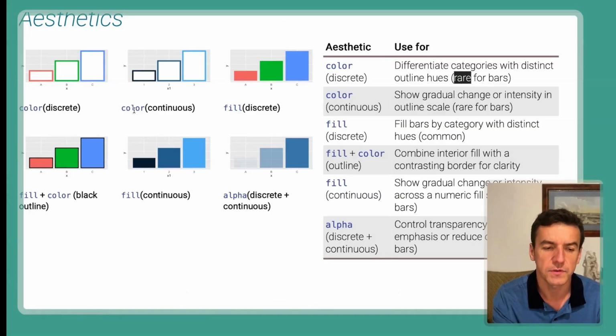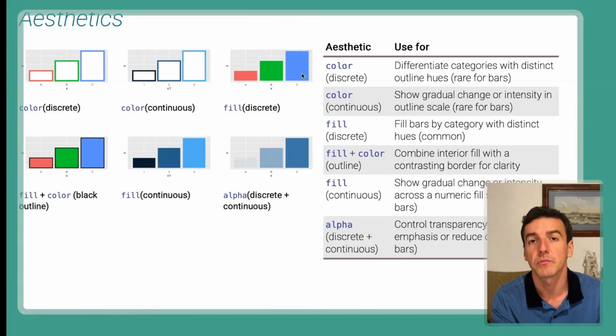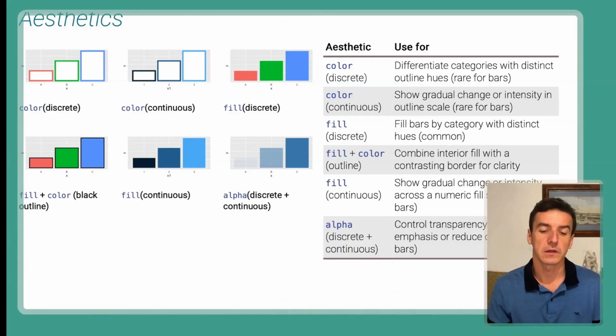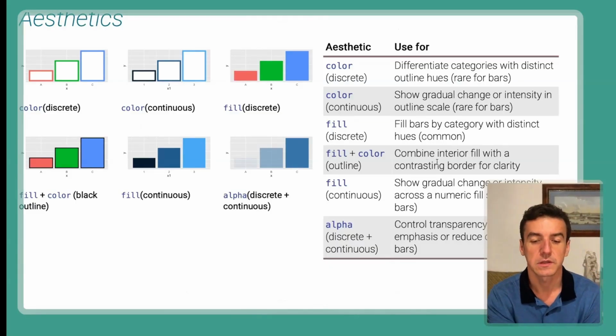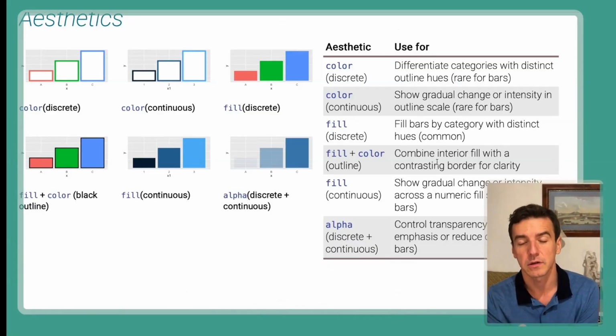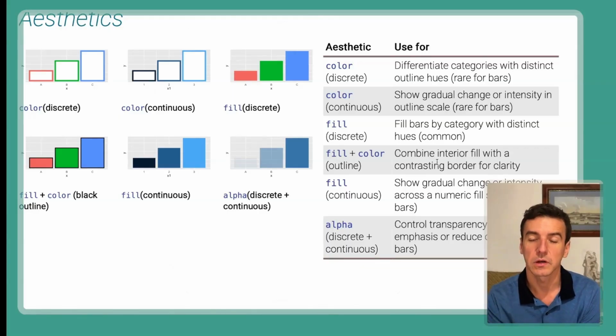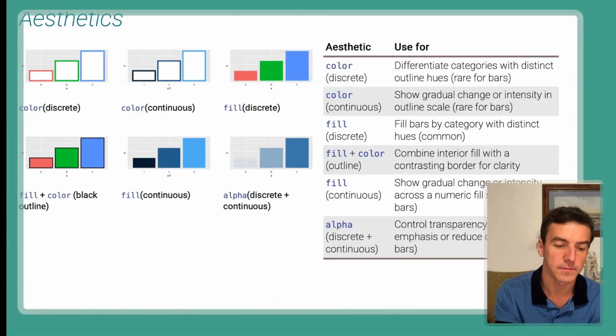The same thing goes for representing bars or representing columns in different colors. Fill, this is definitely very common, right? So to represent columns using different colors, the same with fill and color. So this means that you're combining an interior color fill with a contrasting border, typically black.